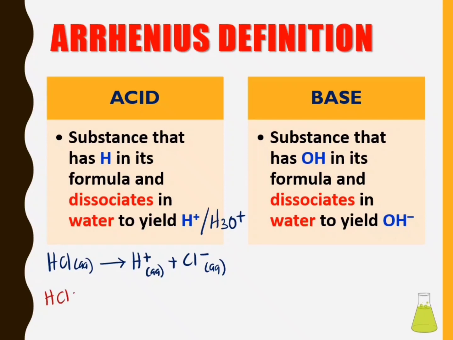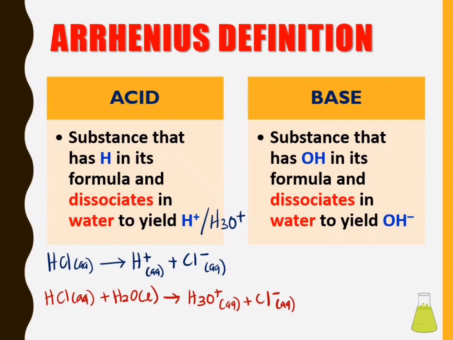HCl aqueous reacts with H2O liquid, to produce H3O+. See, dia bukan H+ dekat sini. It should be H3O+ plus Cl-. So for the ions, the phase should be aqueous.